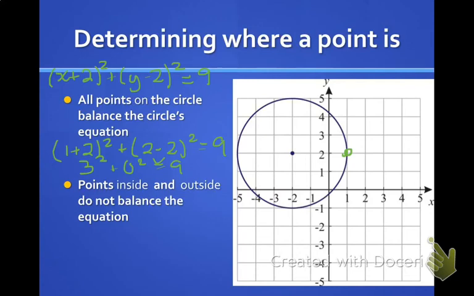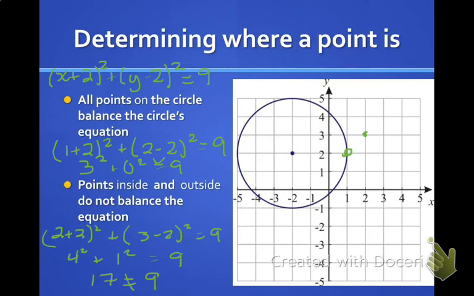Points inside and outside the circle do not balance. So let's take a point like (2, 3). (2 + 2)^2 + (3 - 2)^2 = 9. This is 4 squared plus 1 squared, and that's going to give us 17, which does not equal 9.